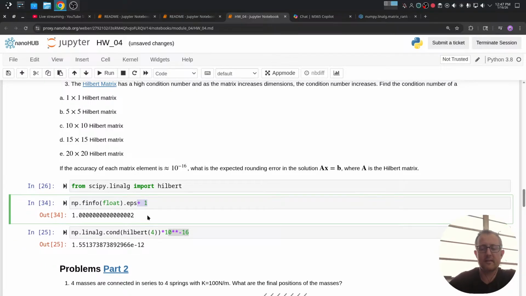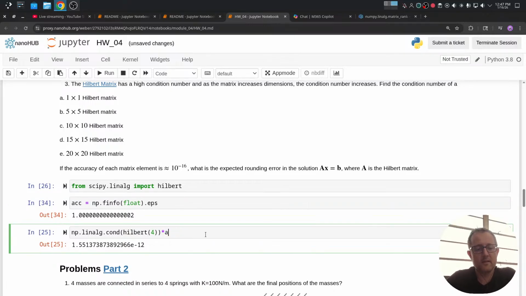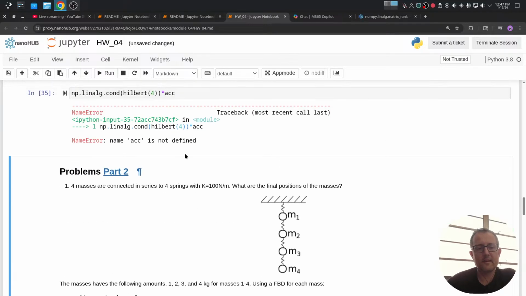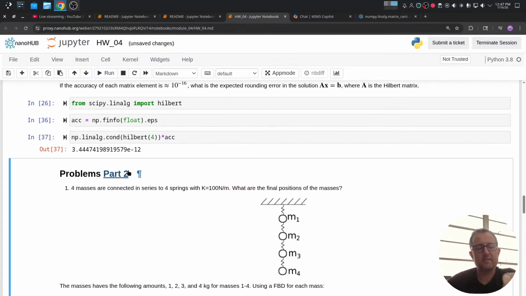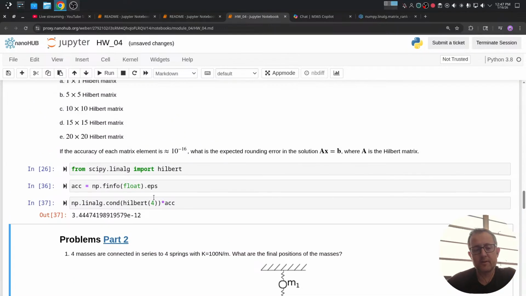Okay, but if we're trying to say that the accuracy is this, we could call that one our accuracy, and then do this. So now it's a little different, not much. It's still a 10 to the negative 12, because we're still taking that 4 minus 16 and ending up at negative 12.